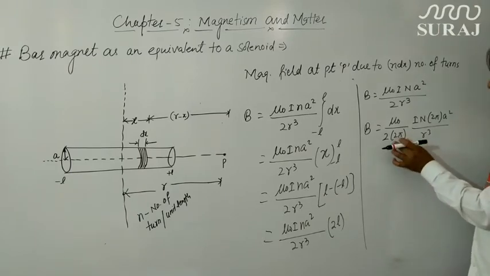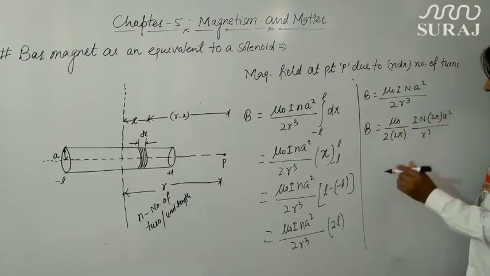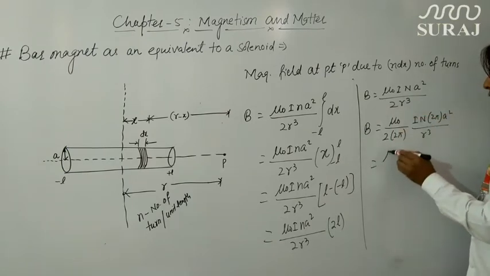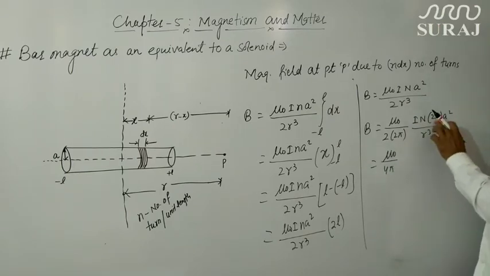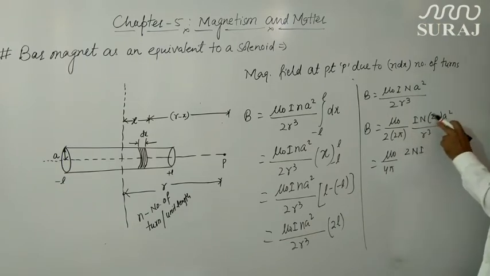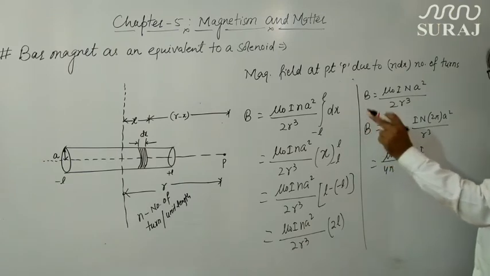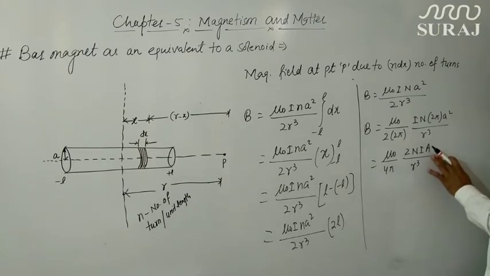So I simply multiply 2 pi in the numerator as well as the denominator. So it will become mu 0 upon 4 pi, and if I take this 2 outside, this as n I, and this pi a square is the area of the loop of this solenoid, and this is divided by r cube.